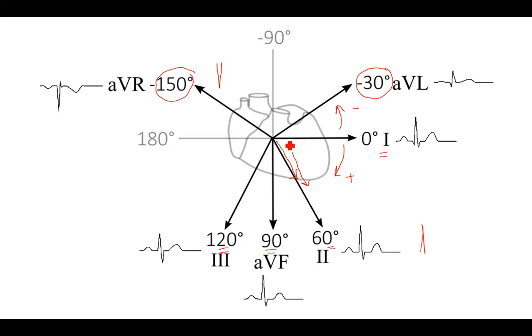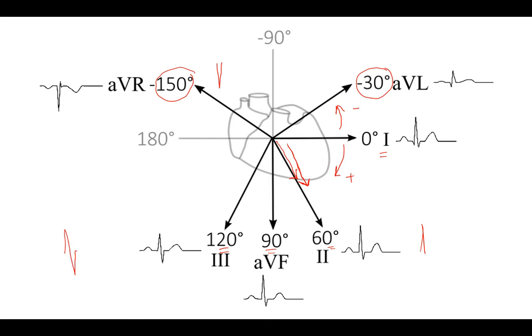Now you see the current is passing along the direction of lead 2. What will be recorded in lead 3? See, the current is neither passing towards lead 3 nor moving away from lead 3. So it will record positive and negative deflection as well, right?